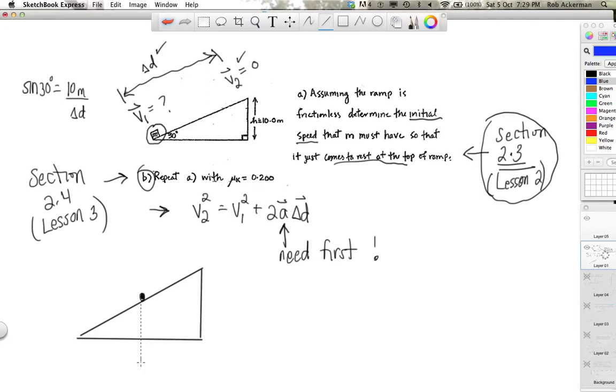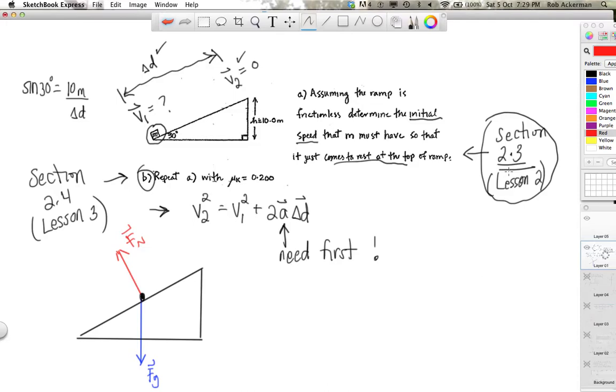First of all, gravity, which is straight down, is going to look like this. Secondly, the normal force, normal meaning perpendicular to the surface, is going to look like this. It will not be straight up and down the way it is in grade 11. So this is yet another problem where the normal force is not equal to gravity.